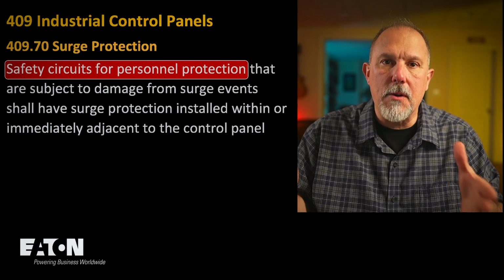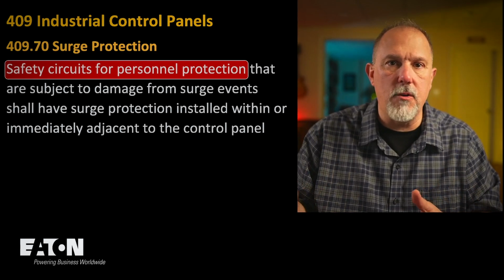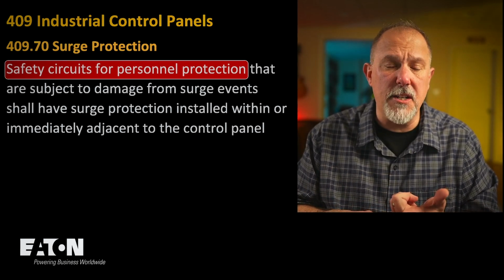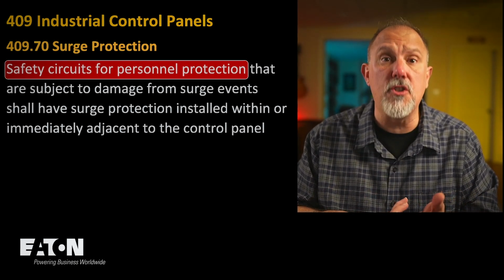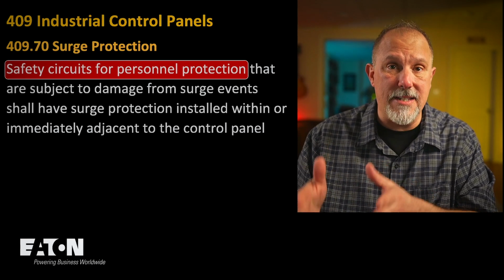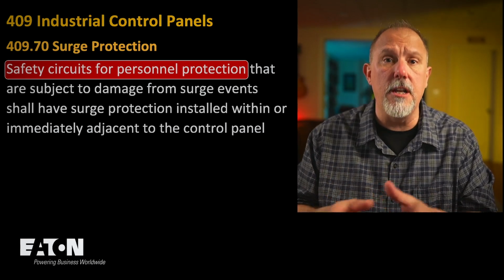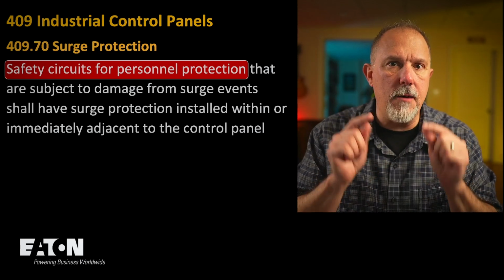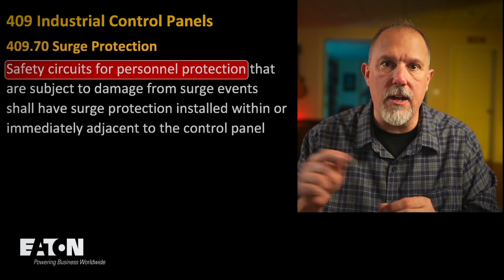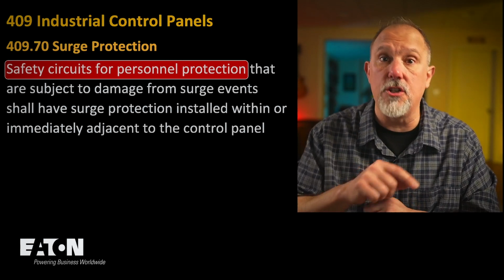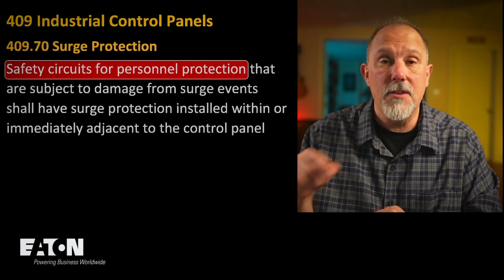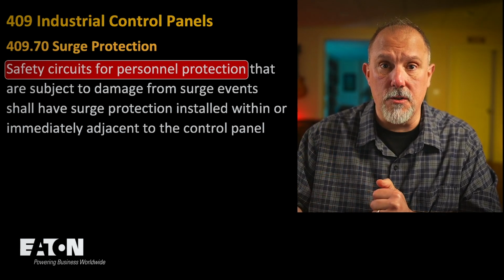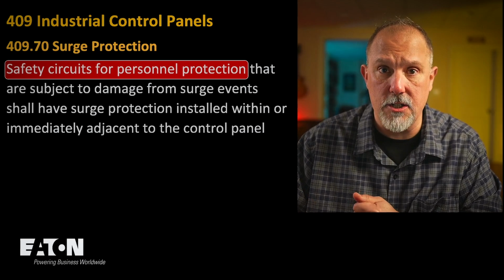So don't just think, there's no GFCI, there's no AFCI, so I don't have a safety personnel protection. If it's a part of a process, if you're relying on this equipment for any reason, whether it be to understand something is turned on or off, or use that equipment to turn something on or off, to establish an electrically safe working condition, to lock and tag out, whatever it is, if there's any components in there that are starting and stopping a motor, have any overload protection, short circuit protection, those are all safety features important for personnel protection.